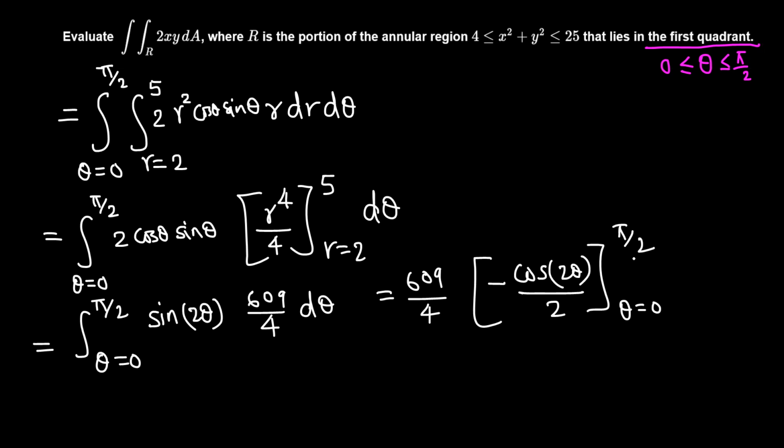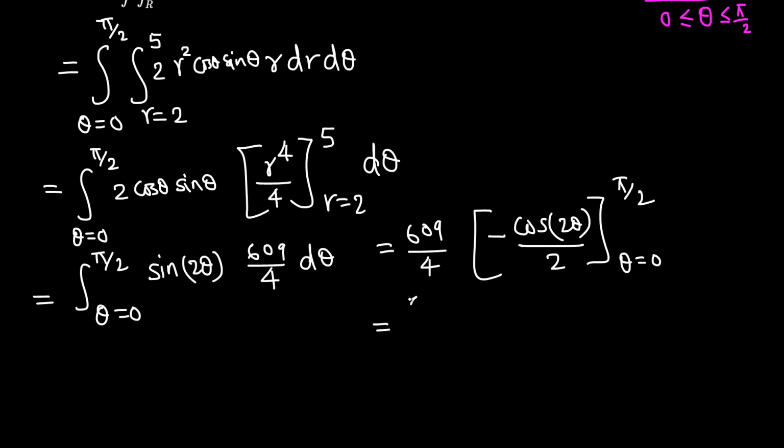But here now upper limit, lower limit, so 609 over 4, this negative 2 we can pull outside, negative 2 times 4, 8, just cosine 2 theta.